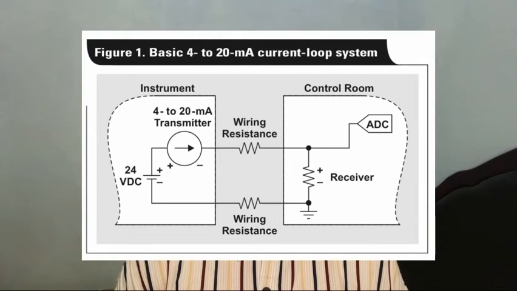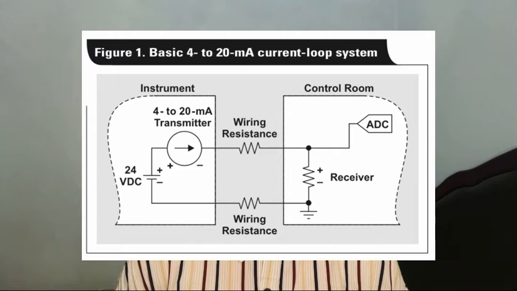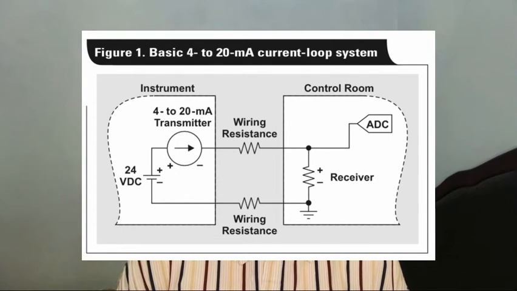The power supply needs to provide only enough voltage to overcome the various voltage drops in the system. Any excess loop voltage is just dropped across the transmitter. Due to the low current, this is only a small amount of power, which creates little heat.